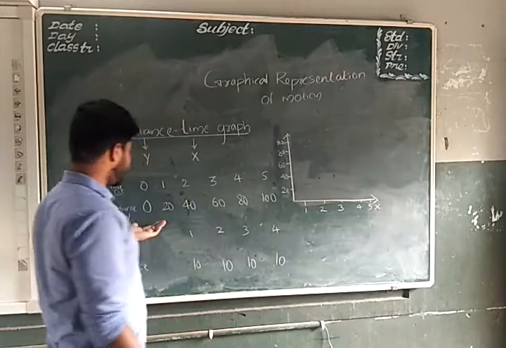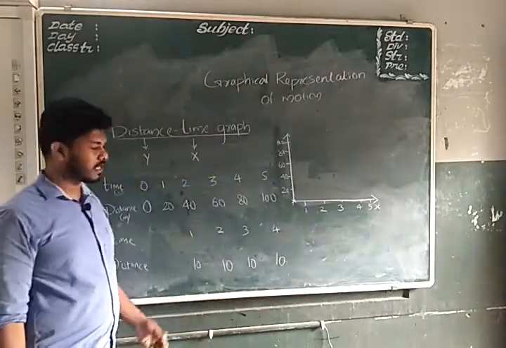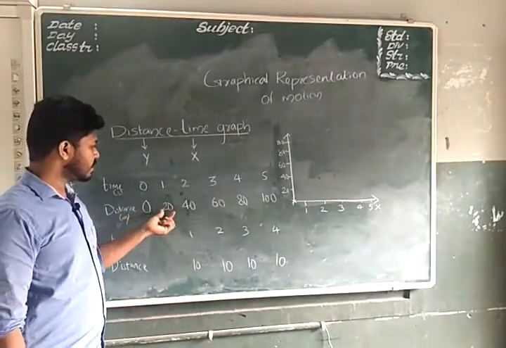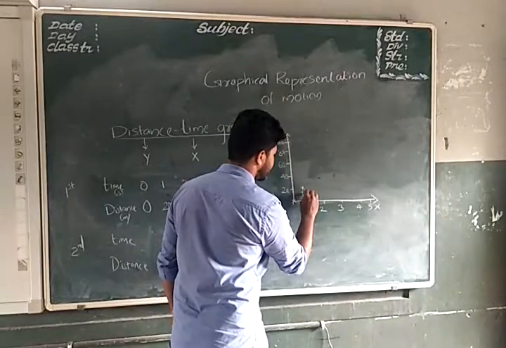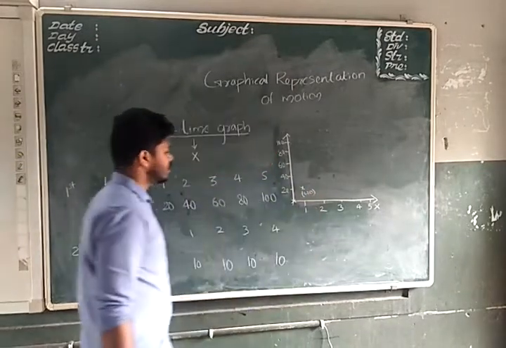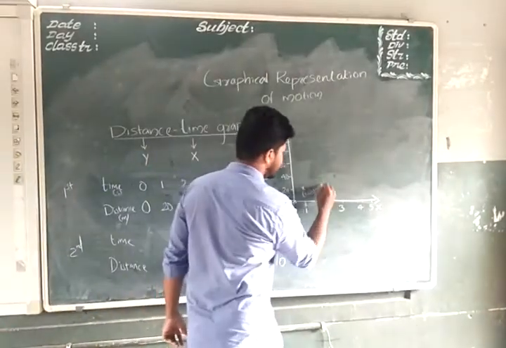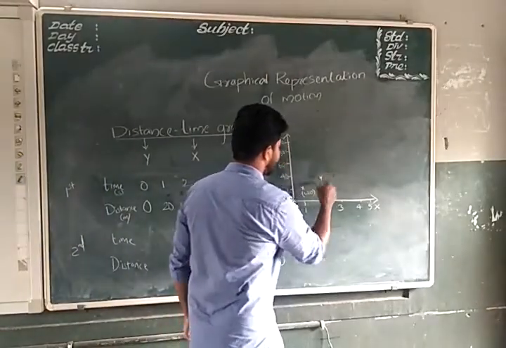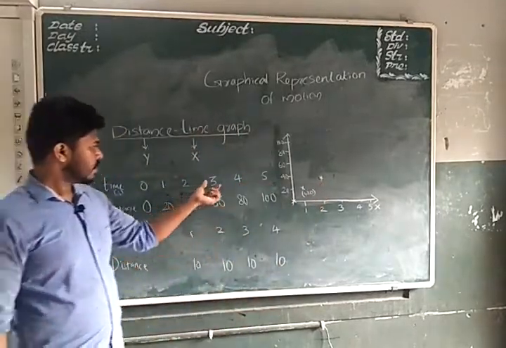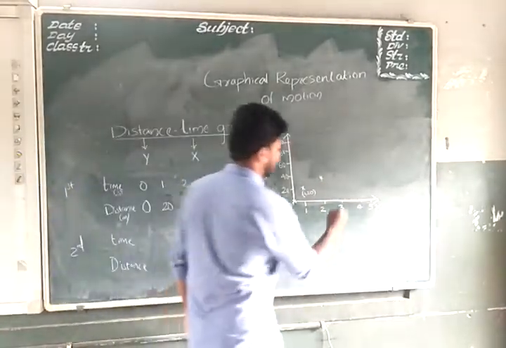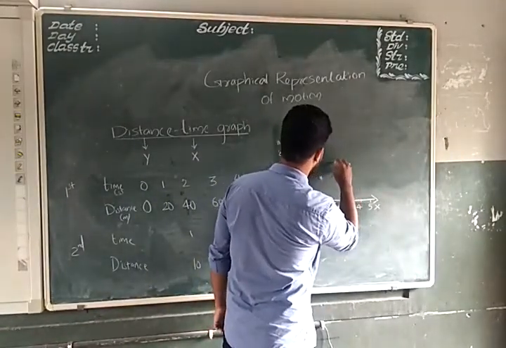Now we can depict the points. At 0, the position is at 0. Yes, first point is that. At first second, 20. Then at second, at 40. You have to write the coordinates there. At third, 60.